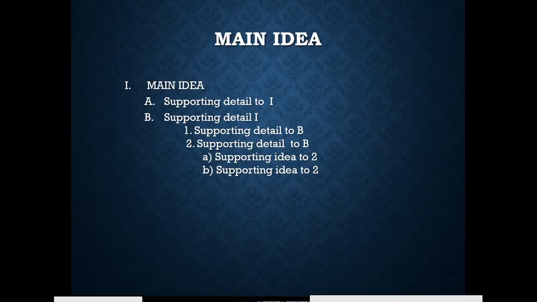It looks like it's complicated, but when you start practicing this a little bit more, you will see that you will have the ability to write an outline pretty quickly if you have done the research.